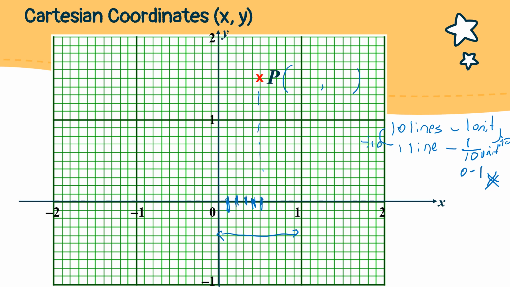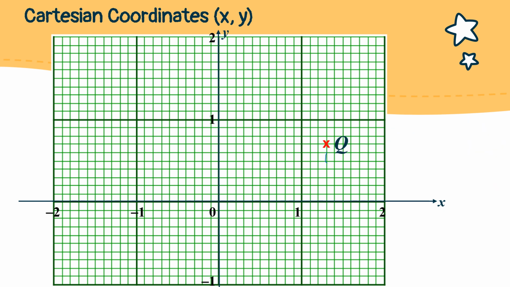So the x-coordinate of P is 0.5. For the y-coordinate, likewise, each thinner line is actually 0.1. So we will count 1.1, 1.2, 1.3, 1.4, and 1.5 for the y-coordinate.